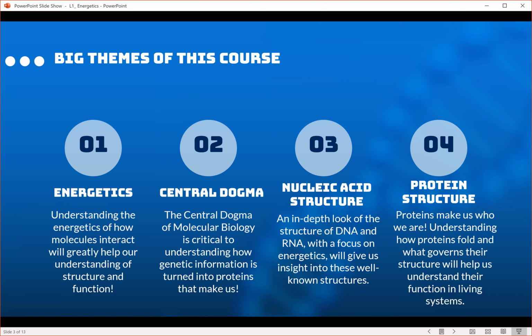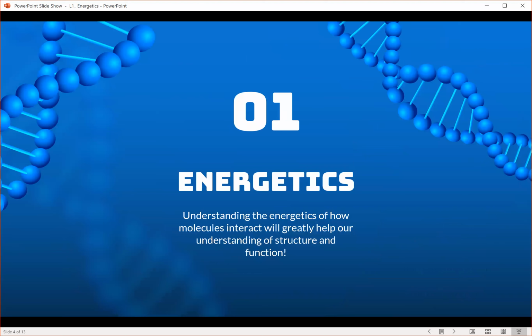We'll also look at nucleic acid structure in depth and why the double helix is shaped the way it is to avoid repulsions and whatnot. And we'll also look at protein structures, understanding how they fold and how structure governs function. So we'll understand energetics, intermolecular interactions, and how this helps govern our 3 dimensional structure.